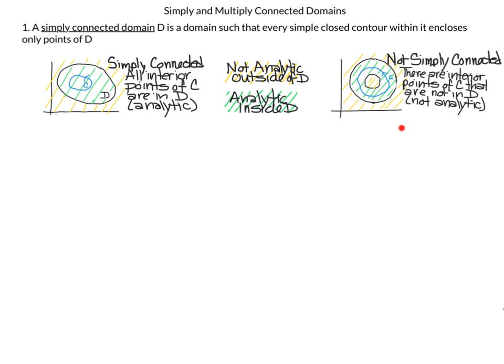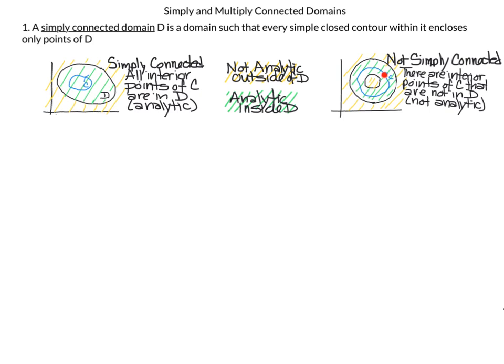We can contrast that with this drawing of something that is not simply connected. Here we have our domain inside this circular contour, shaded in green, but we have this middle portion where our function is not analytic, so it is not part of our domain. So we shade that in yellow to indicate our function is not analytic here.